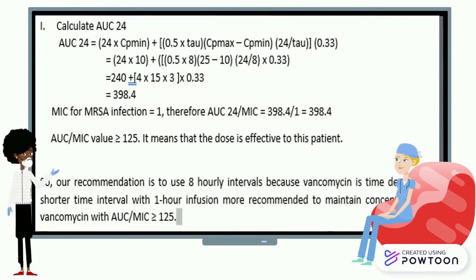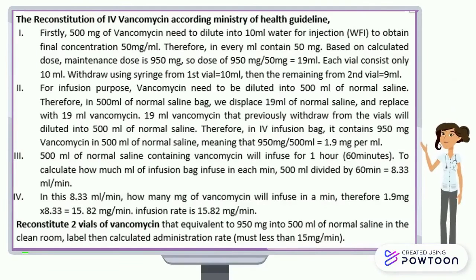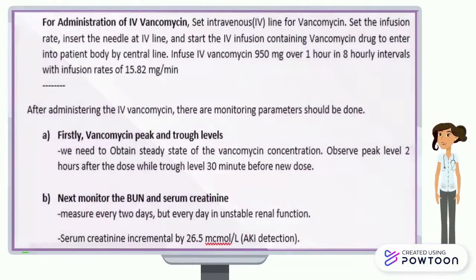Our recommendation is to use 8-hourly intervals because vancomycin is time dependent. A shorter time interval with 1 hour infusion is more recommended to maintain concentration of vancomycin with AUC over MIC of more than 125. After reconstituting 2 vials of vancomycin, we need to proceed with the administration of IV vancomycin.